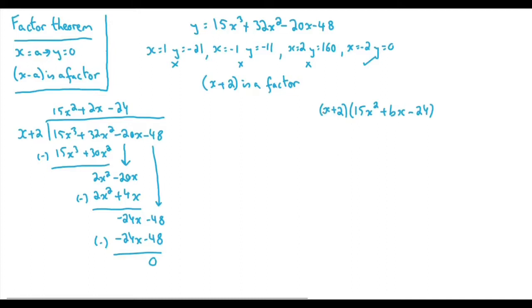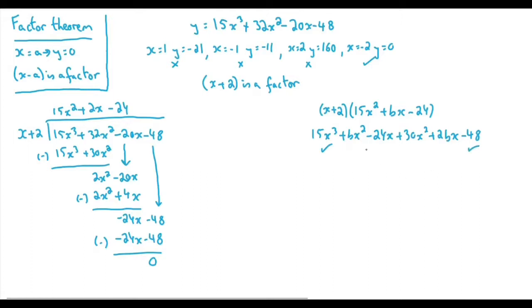Expanding these brackets now, so x times 15x squared will be the 15x cubed, x times bx will be bx squared, and x times minus 24 is minus 24x. And 2 times 15x squared is 30x squared. 2 times bx is 2bx, and 2 times minus 24 is the minus 48. 15x cubed, check.